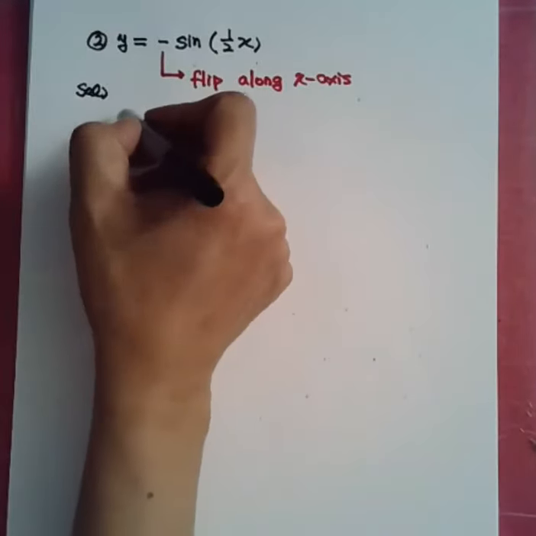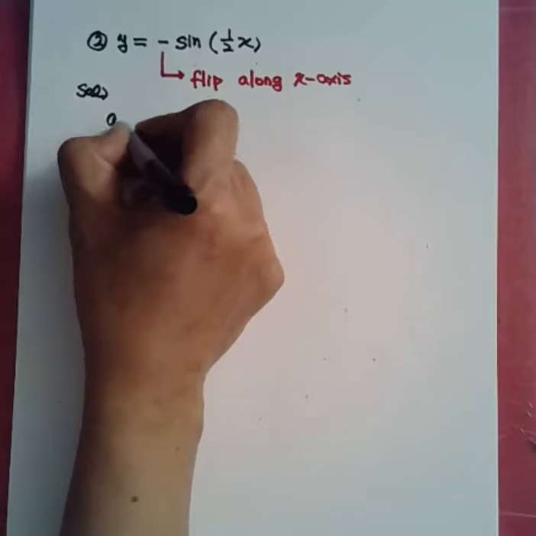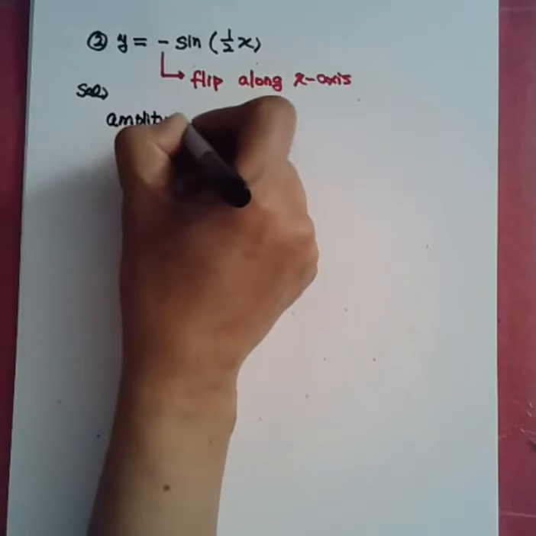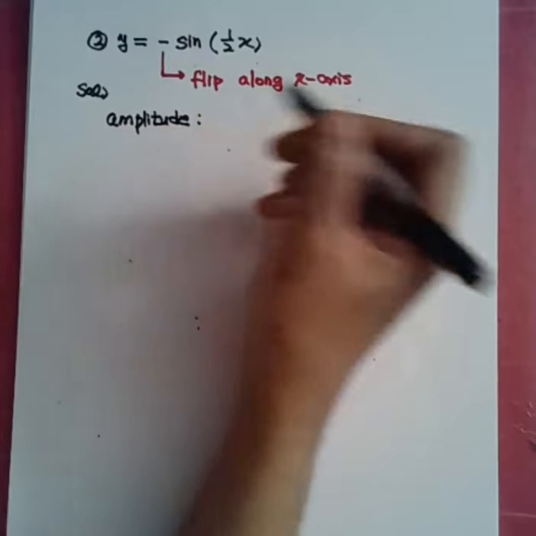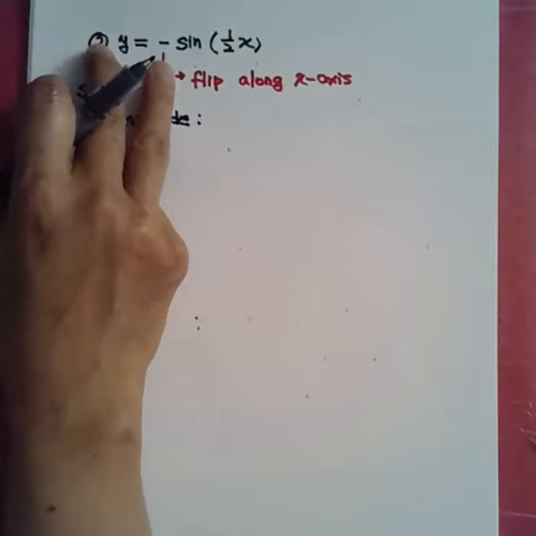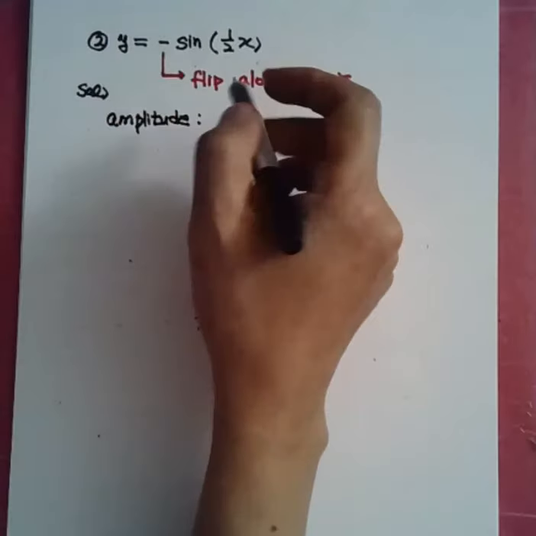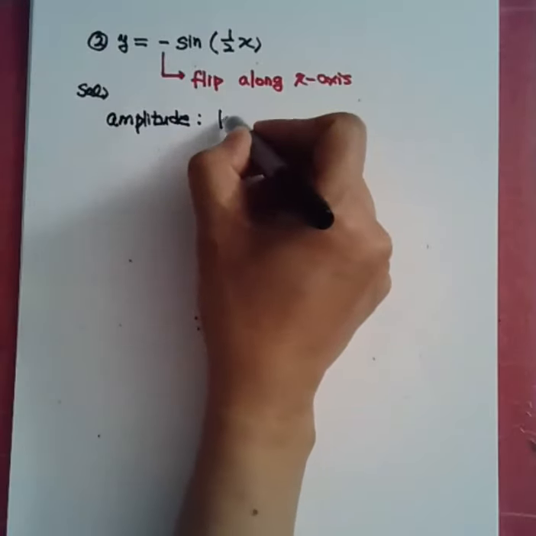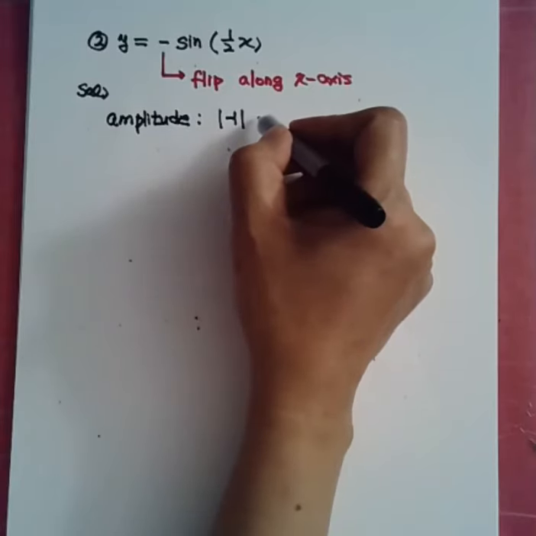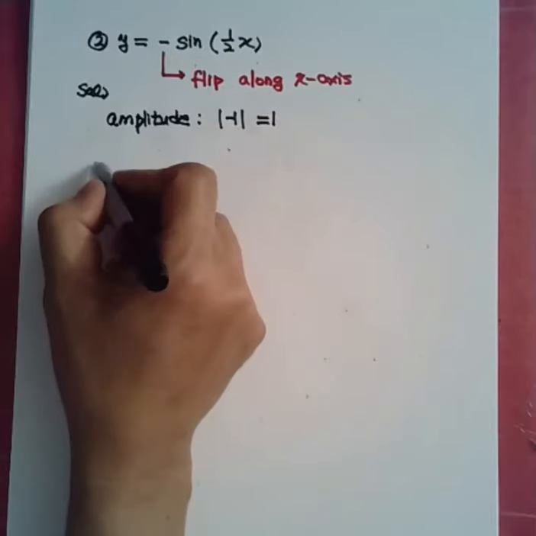As we did before, we have to think about the amplitude. Amplitude is the number which is multiplied to the entire function. In this case, that number is -1, so the absolute value of -1 is 1.